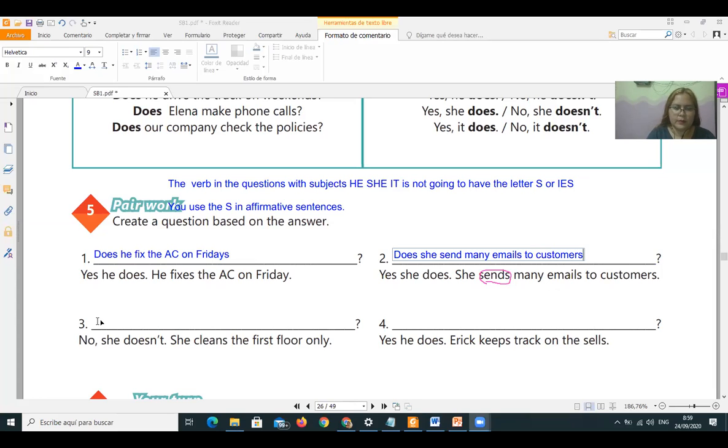Number 3. No, she doesn't. She cleans the first floor only. What is the question? Does she clean the first floor only? Okay, look. The answer is negative. No, she doesn't. And then you give the real information.